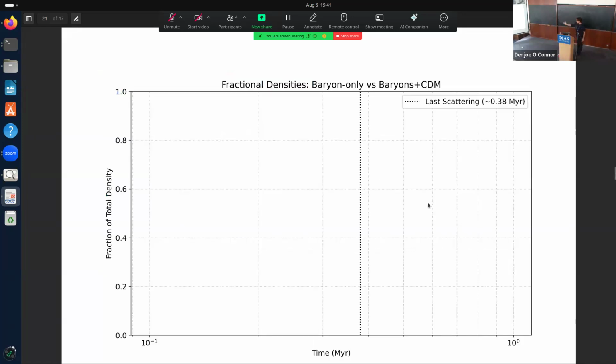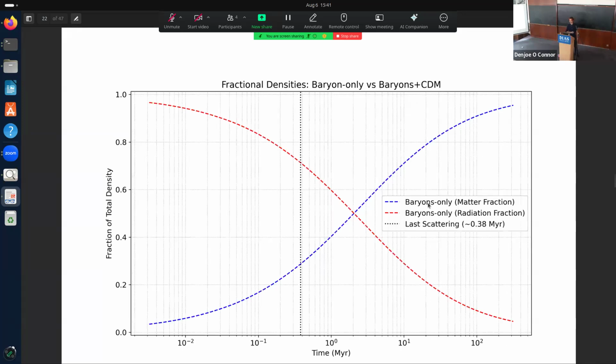Let's make a plot, put a line at the time of last scattering, and on the y-axis put the fraction of total density. So how the density of radiation evolves compared to the total density of matter and radiation, and how the density of matter evolves compared to the total. And we will see that in this particular universe, the radiation matter equality happens after the time of last scattering.